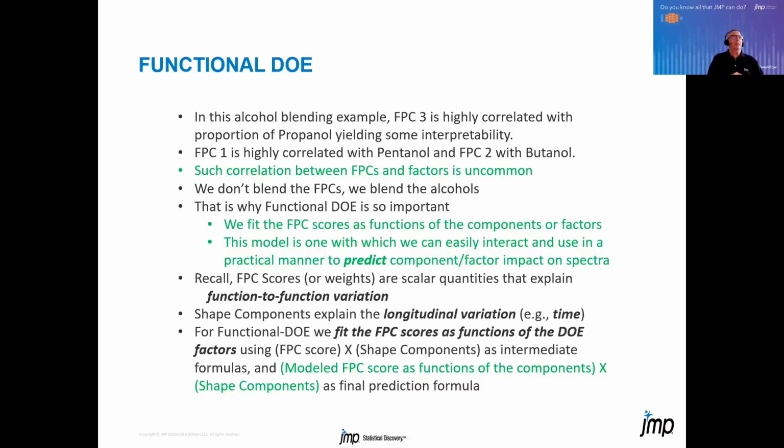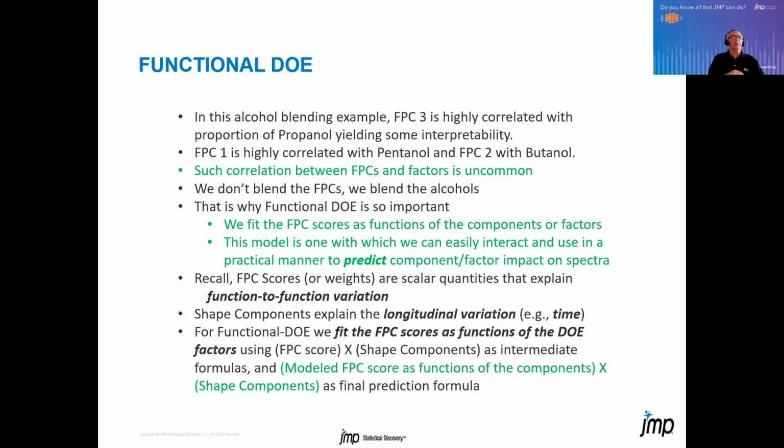You don't always get this kind of correlation when you're looking at functional principal components and factors, but in this case we got some. But we're not blending the FPCs, we're blending the alcohols, and that's where we want to focus. And this is why functional DOE is so important.